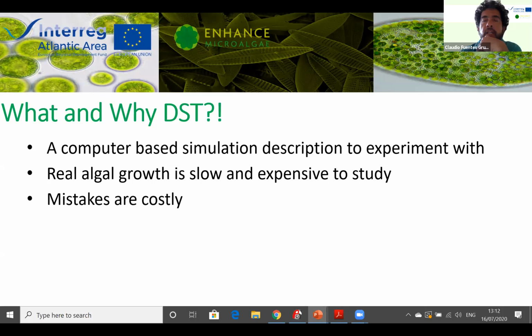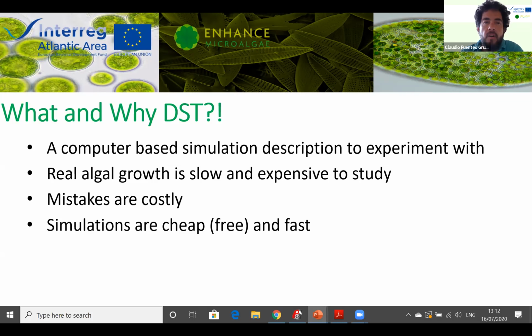Normally, when you are running a proper standard experiment using real microalgae, you sometimes have a lot of mistakes, and those mistakes are costly, right? They cost money and time, basically.